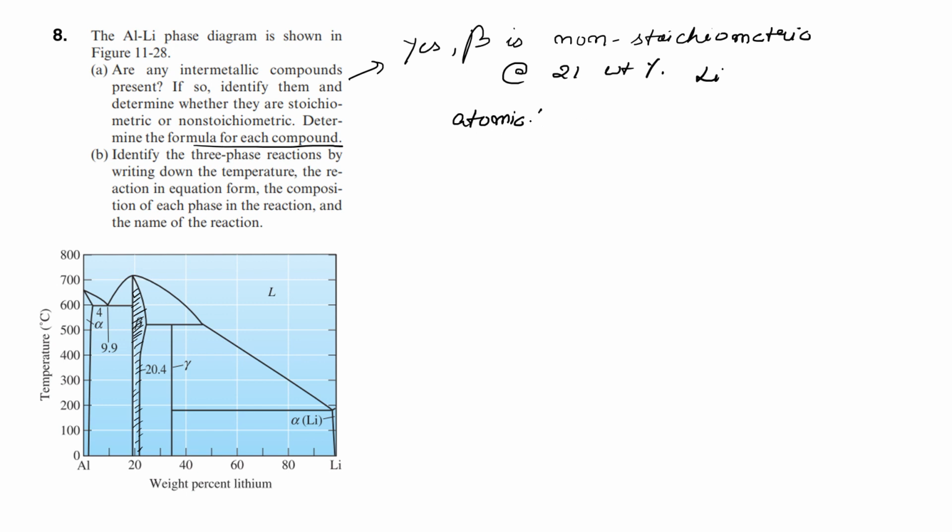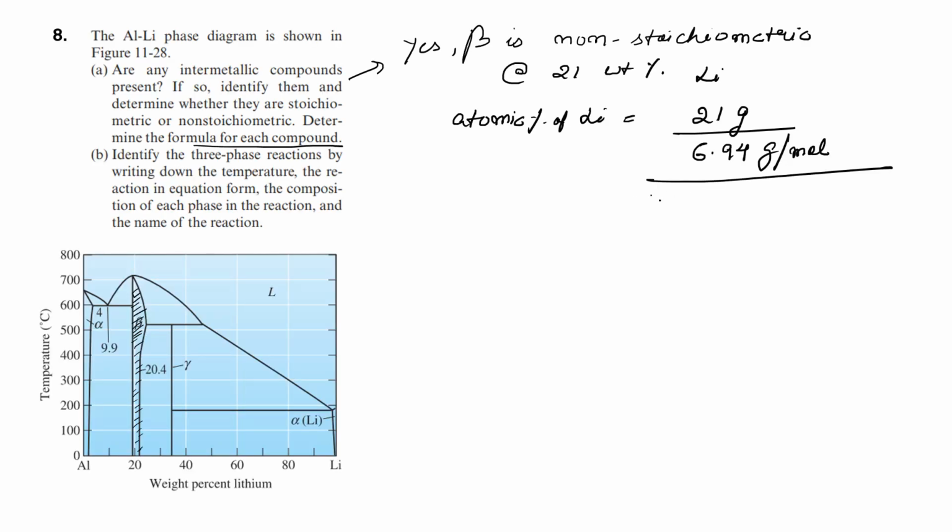So atomic percent of lithium is given by, assume 21 grams of it in 100 gram of alloy. 21 grams divided by the molar mass of lithium, 6.94 gram per mole, will give me the number of moles of lithium, divided by what is coexisting in the entire mixture.